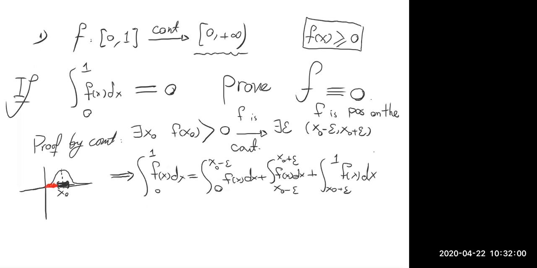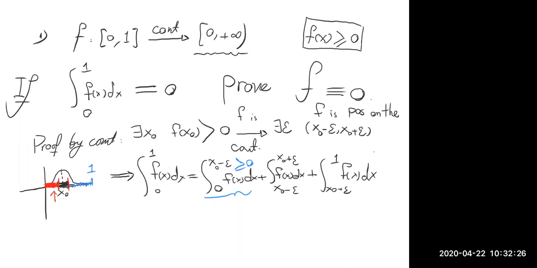So I'm saying we can break the integral into 3 parts. There is an interval where we know the function is positive, one interval before that, the red interval, and then the rest until 1. Because the function is nonnegative, this integral is greater or equal than 0. It might be 0, but it's not negative.